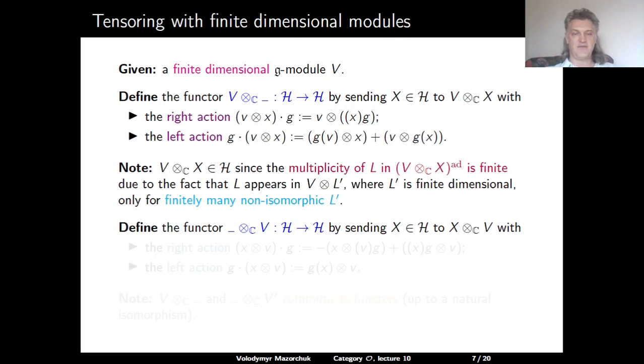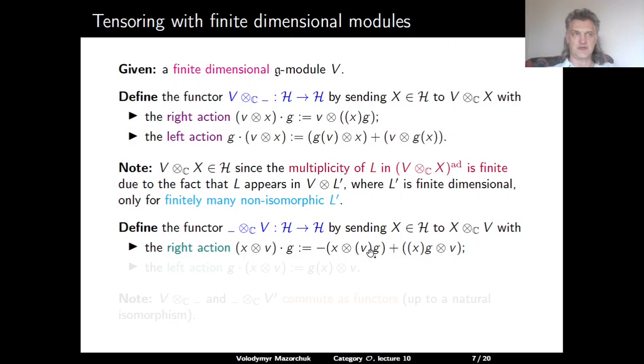Similarly, we can define the functor of tensoring on the right with V by sending a Harish-Chandra bimodule X to X tensor V, where the right action of G is defined using the usual coproduct formula. Here this minus sign corresponds to the fact that we now consider V as a right G module.